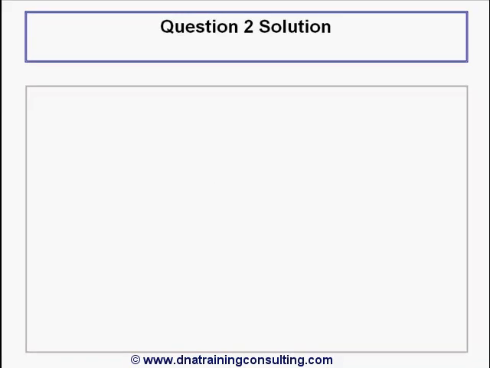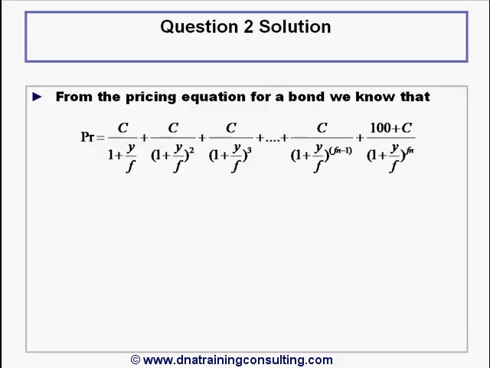Solution to question 2. From the fundamental pricing equation for a bond, we know that price equals the discounted PV of all the future cash flows, as shown here.